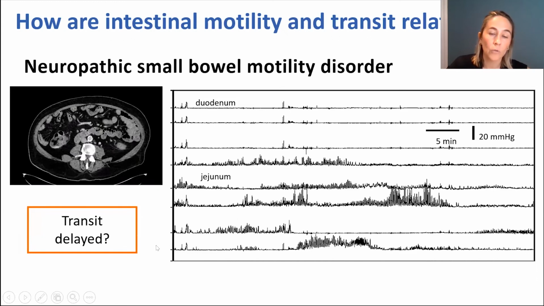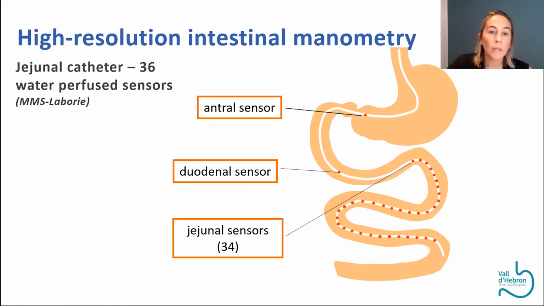So we do not know what a transit test would look like in a patient with this type of neuropathic small bowel motility disorder. So possibly the connection between transit and motility is going to be solved using this type of new high resolution manometry catheters.